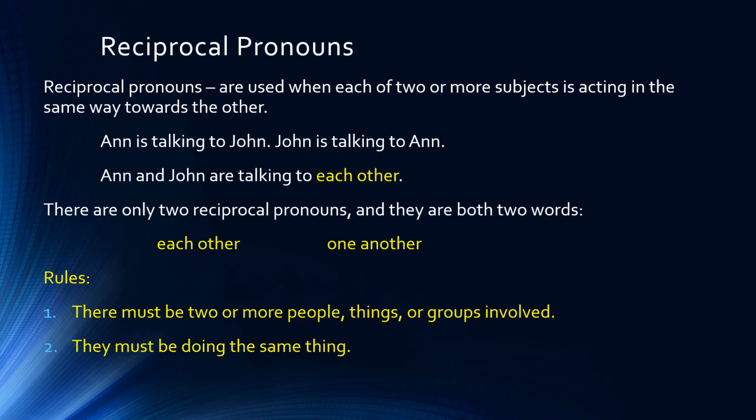When we think of reciprocal pronouns, we need to understand that there are only two of them, and they both consist of two words, each other and one another. Anne and John are talking to each other. Anne and John are talking to one another. Either one of those is correct.